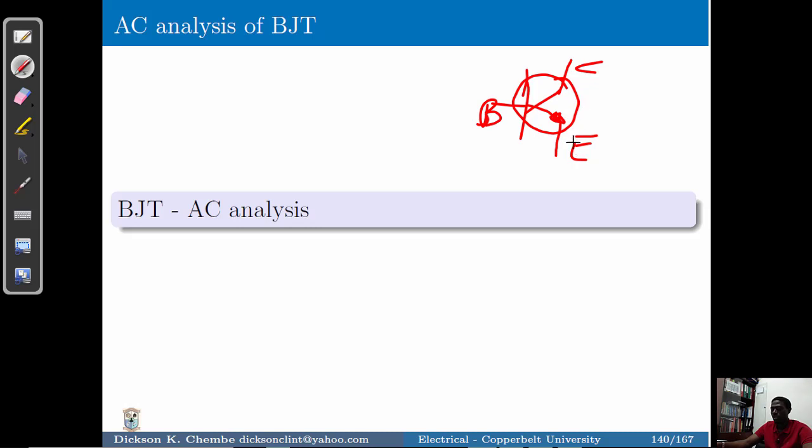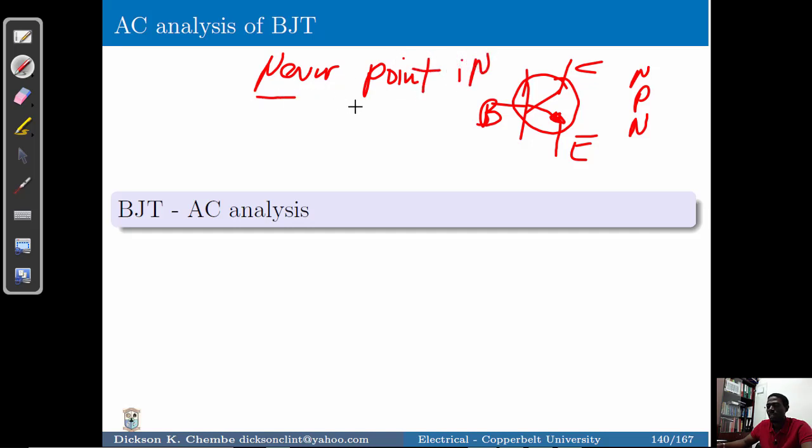What we call this transistor is the NPN, which as students at school we used to memorize as: it never points in, never points in. That is NPN.